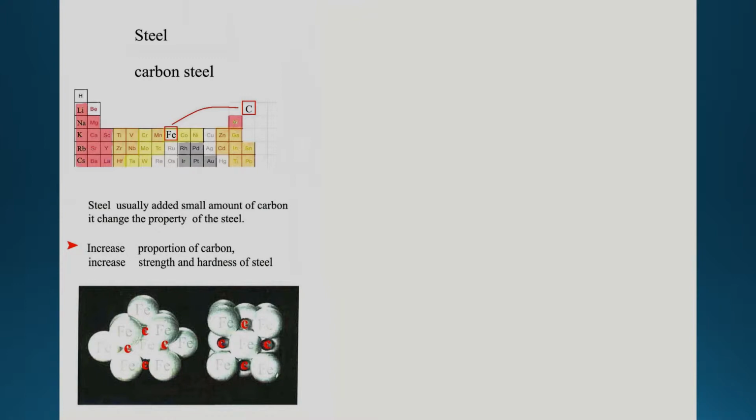And steel always tends to have a small amount of carbon added to it. This small amount of carbon really changes the property of steel. The rule is when you increase the proportion of carbon, you increase the strength and hardness of that steel.